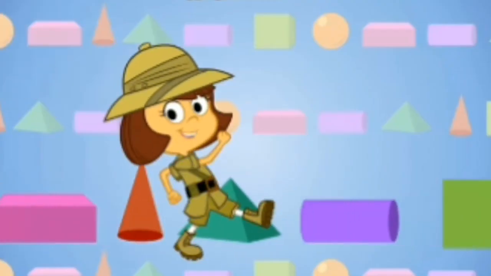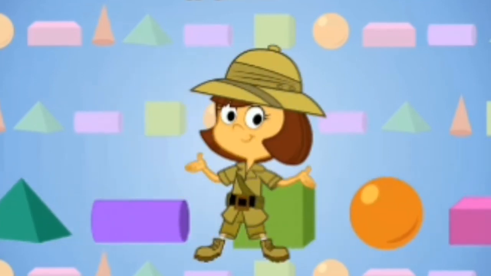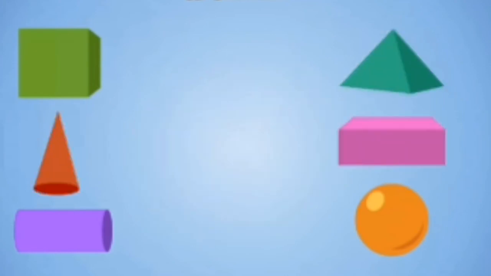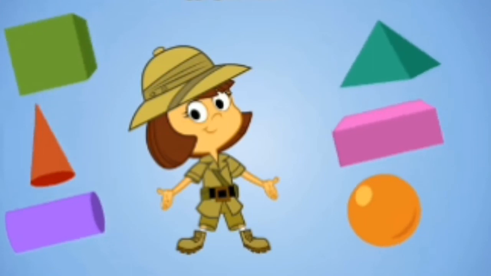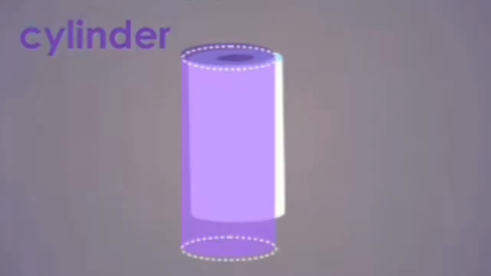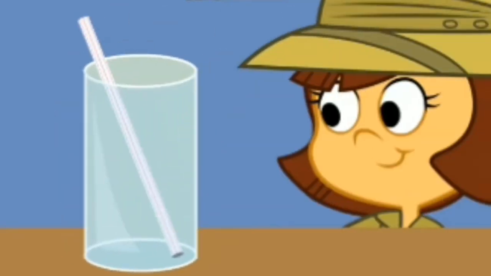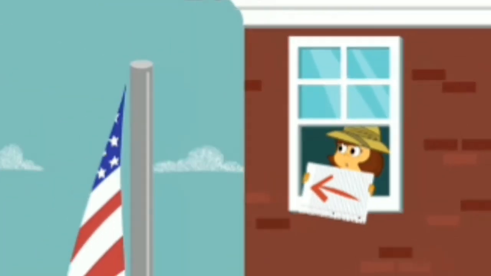Let's sing about three-dimensional shapes. No two look the same. We see these 6 shapes everywhere. Let's learn them all by name. Cylinders have circles at each end, like a soup can or paper towel roll. Drinking straws and glasses have cylinder shapes, and so does our school flagpole.